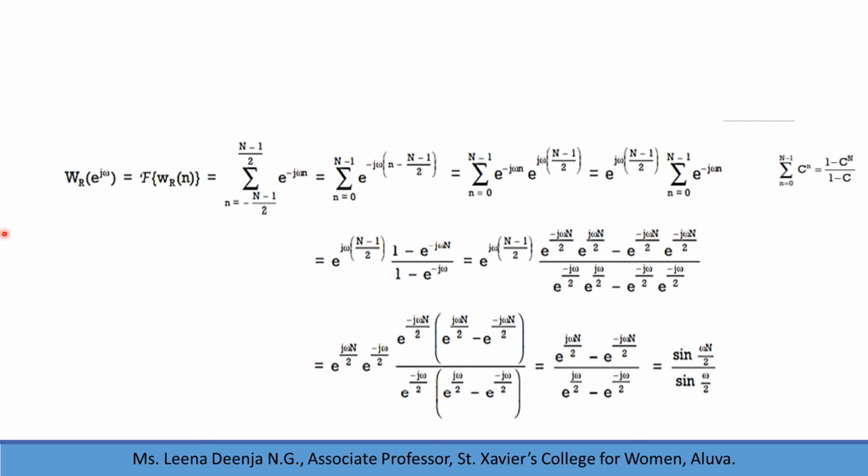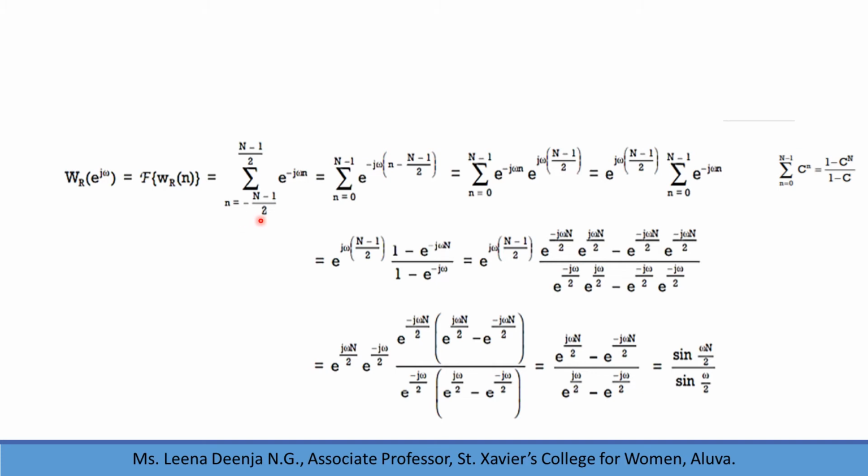The frequency response or frequency spectrum of the rectangular window, W_R of e raised to j omega, is the Fourier transform of the window sequence w_R of n. Therefore, it is equal to the sum from n equals minus (N minus 1) by 2 to plus (N minus 1) by 2 of e raised to minus j omega n.